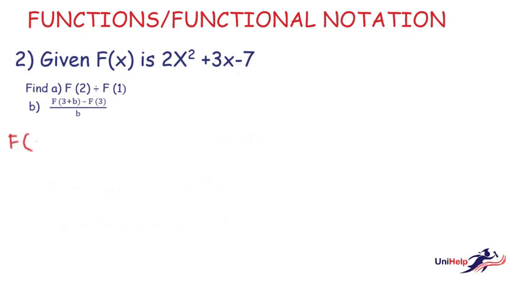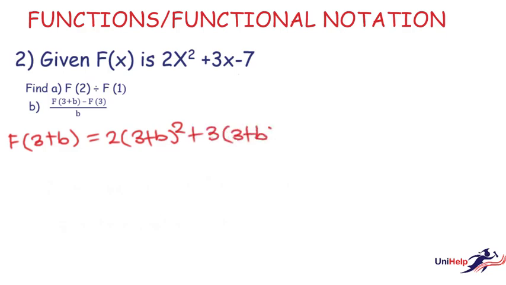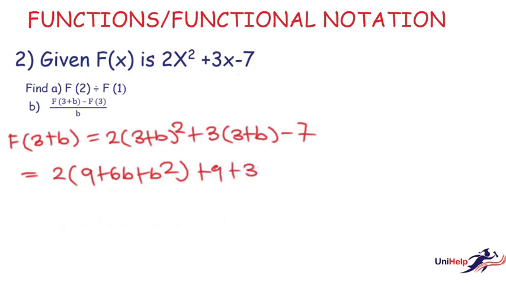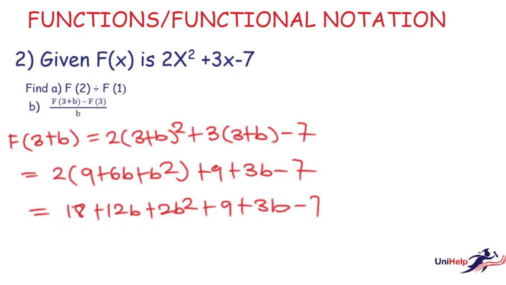Defining each function uniquely, f of 3 plus b is equal to 2 into 3 plus b all squared plus 3 into 3 plus b minus 7, which is equal to 2 into 9 plus 6b plus b squared plus 9 plus 3b minus 7, which is equal to 18 plus 12b plus 2b squared plus 9 plus 3b minus 7.